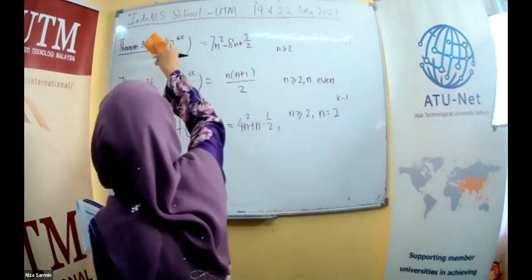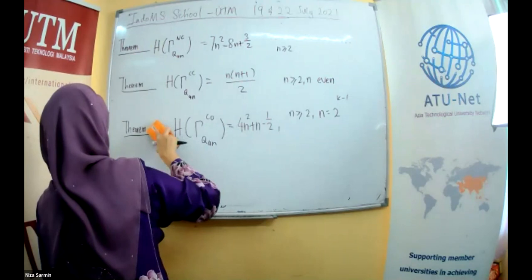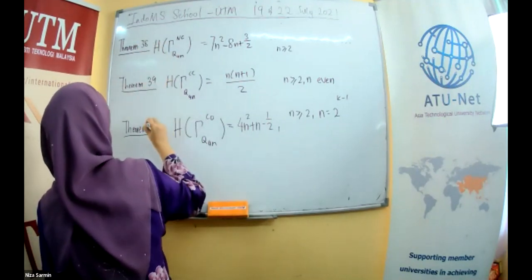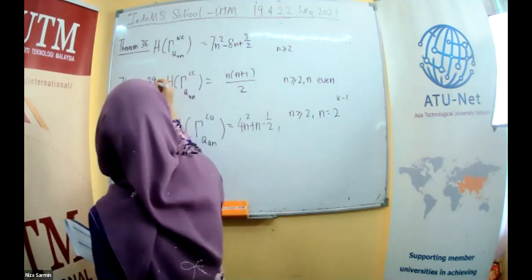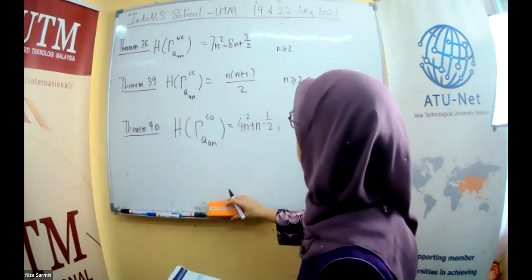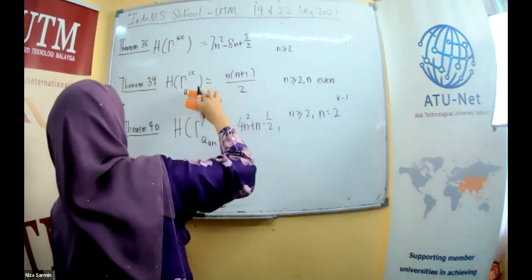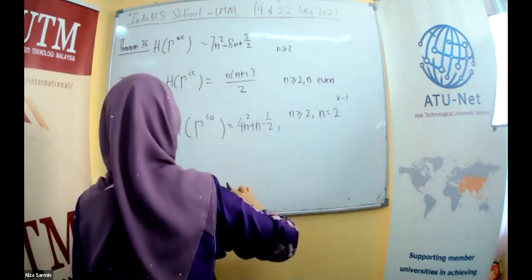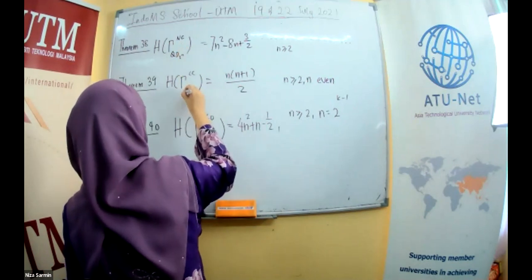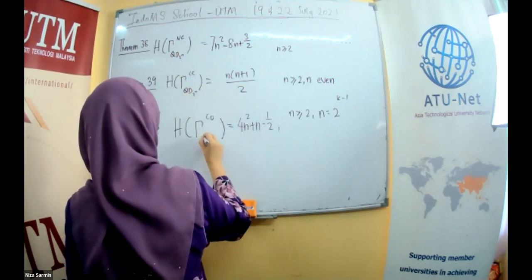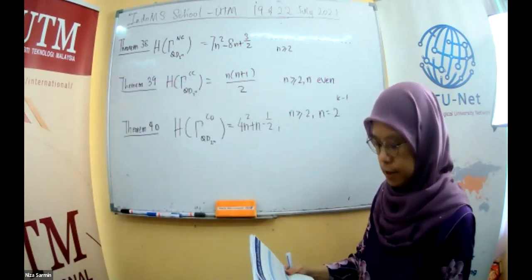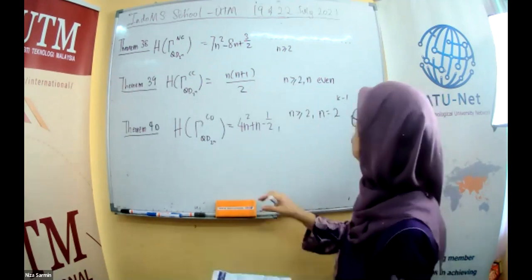All right, so we have the last one, 38, 39, 4. Okay, so for this one, we have to change the QD to the... The first one is the non-commuting one.